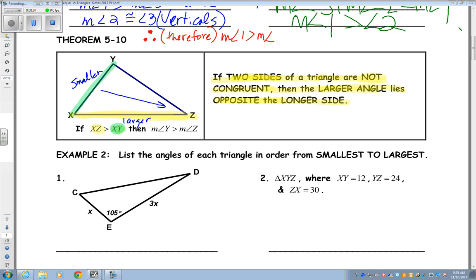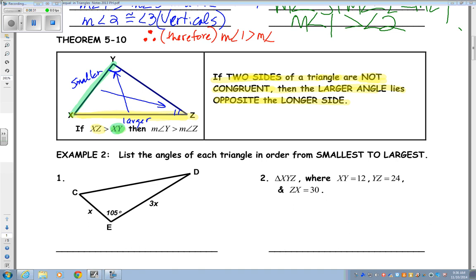Do y'all see that relationship? What angle is opposite XZ? Y, okay? All right, so since XZ is the larger between the two, then I know that angle Y would have to be larger than angle Z, okay?